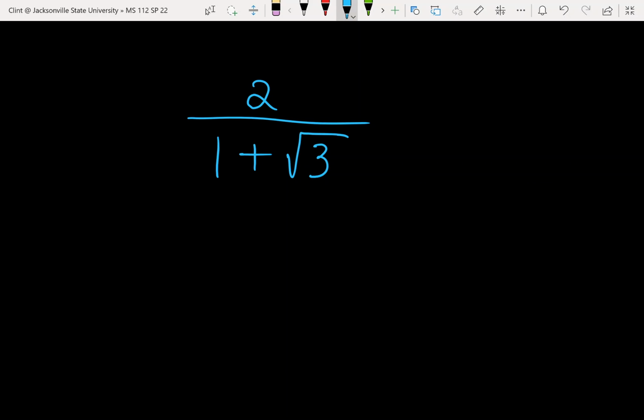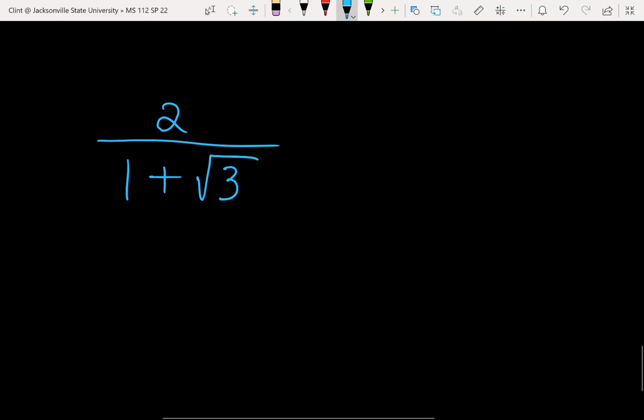But in the case where we have 2 terms in the denominator, we have to be just a little more creative. And the thing we would multiply by, you may remember this. Anybody remember what we multiply by? It's related to the denominators. We do need square root of 3.